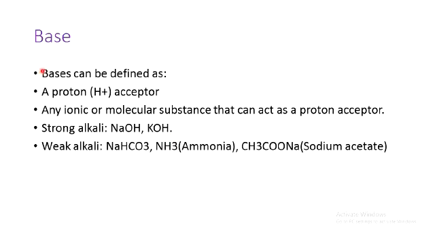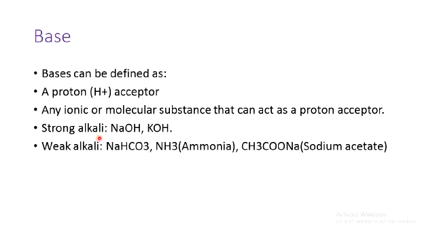And then what is a base or an alkali? A base or an alkali is defined as a chemical substance which can accept a proton or hydrogen ion. Any ionic or molecular substance which acts as a proton acceptor is known as a base or an alkali.